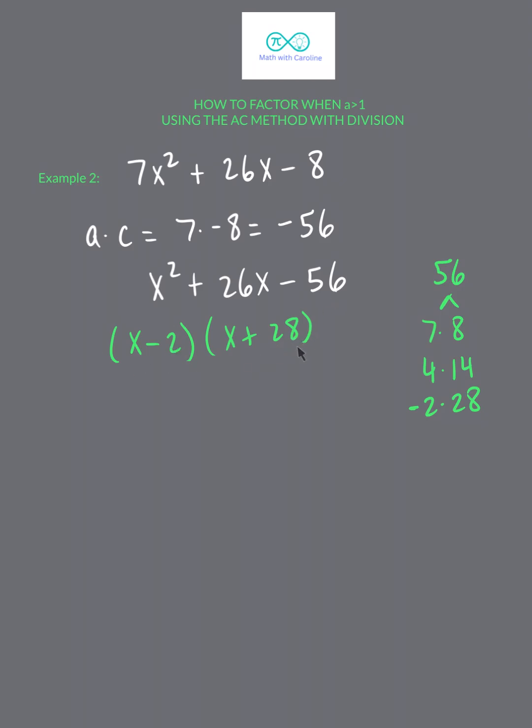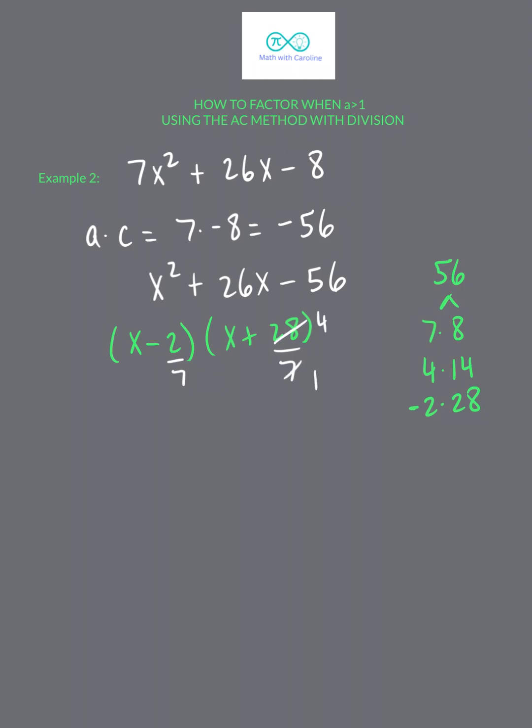But of course, this is not the factored form of this. So here's where the division part comes in. You have to divide by the original a value, which is 7. So we're going to divide by 7, divide by 7. Now we cannot simplify 2/7 anymore, but 28 divided by 7 is 4 over 1.